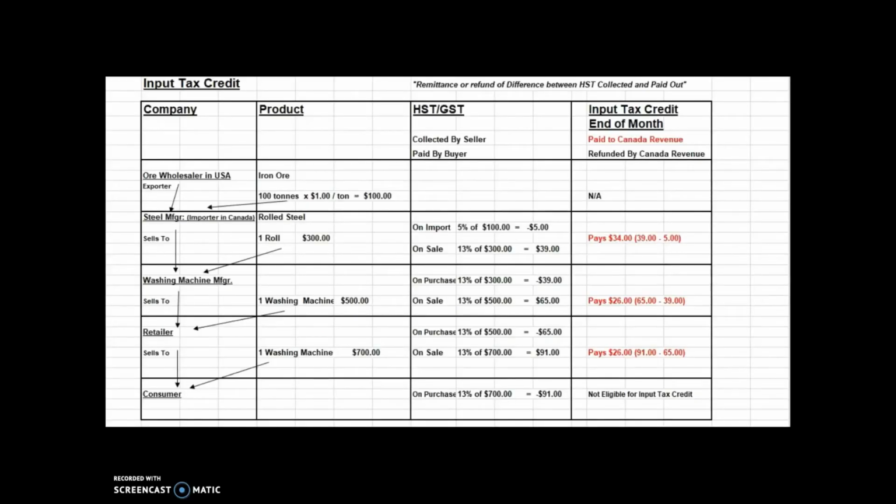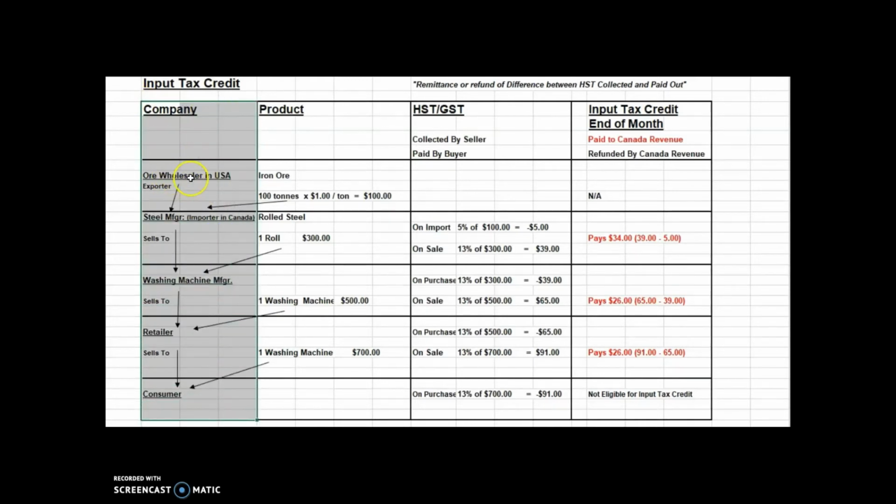Okay, so here we have a situation. And all these transactions I'm going to speak of occur in the same month. Okay, in one month, let's say the month of January. In this column, we have all these different companies.